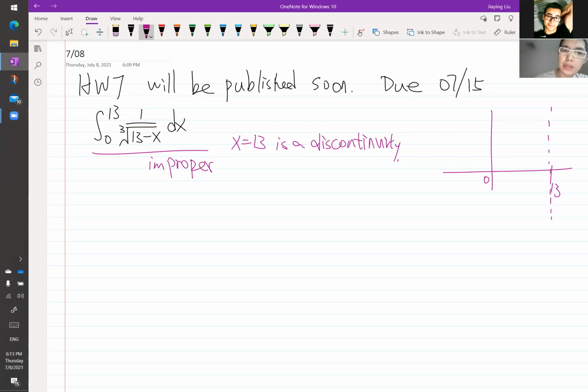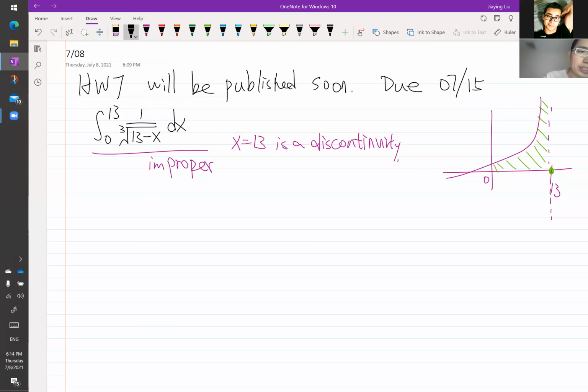And the value of the function before 13 is going to be positive. I don't know exactly what it looks like, but I'm going to assume that the graph looks like this. You have decimals, you can plot it. And we are looking for this area. 0 is not a discontinuity, but 13 is. So be careful, just keep that in mind.